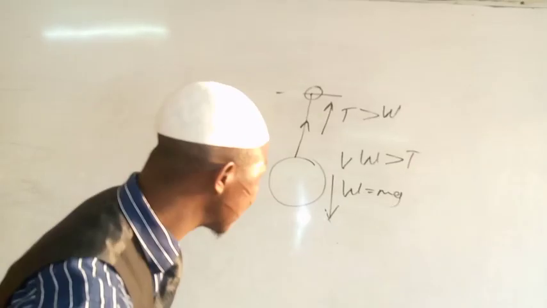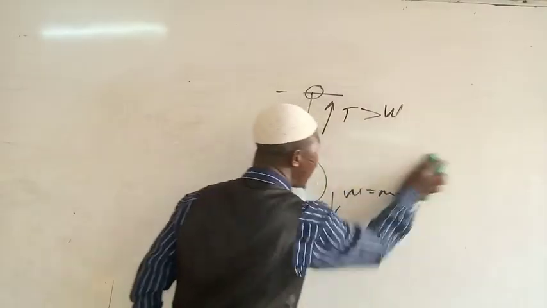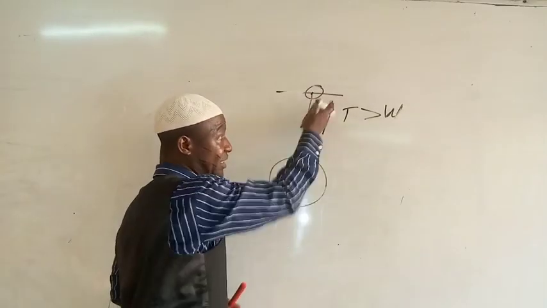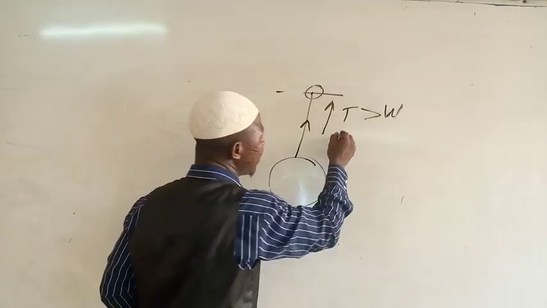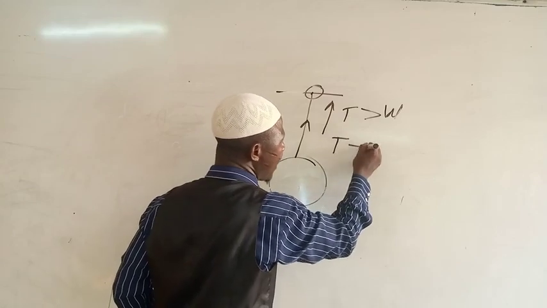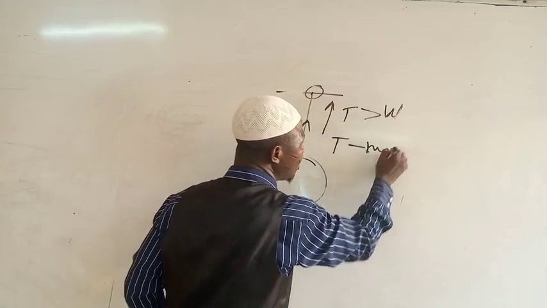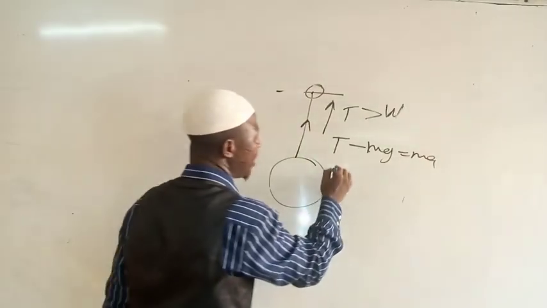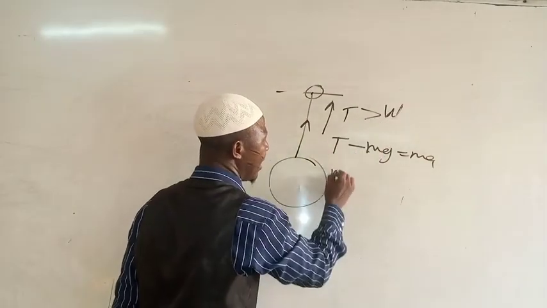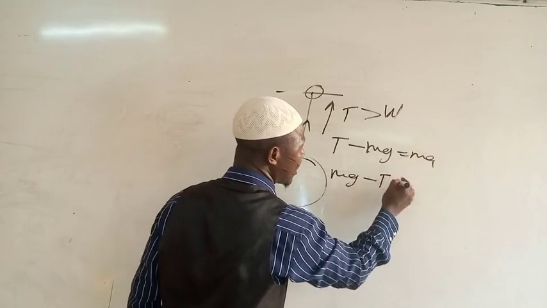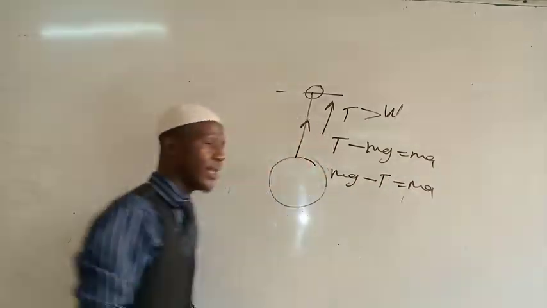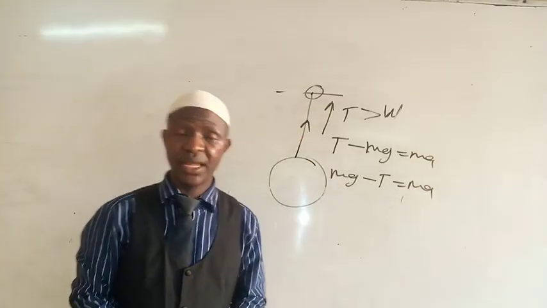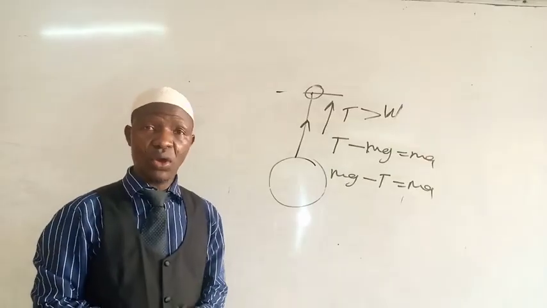So for the object to move upward with this arrangement, it means tension minus weight, that is mg, is equal to ma. But for it to move down, it means the weight mg minus tension is equal to ma. And that is that about applications of Newton's laws of motion.